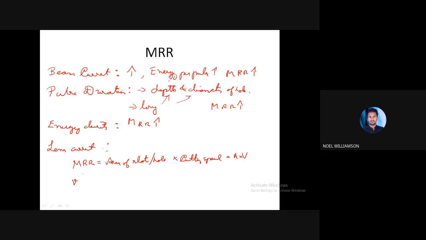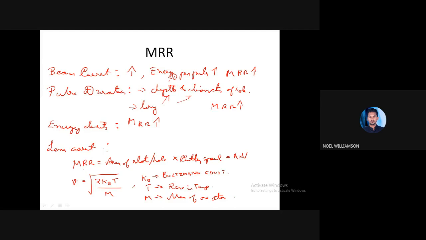It is given by, I think you have already studied this relation, root of 2 kb T by m, where kb is the Boltzmann's constant, T is the rise in temperature, and m is the mass of one atom. So these are the certain equations.